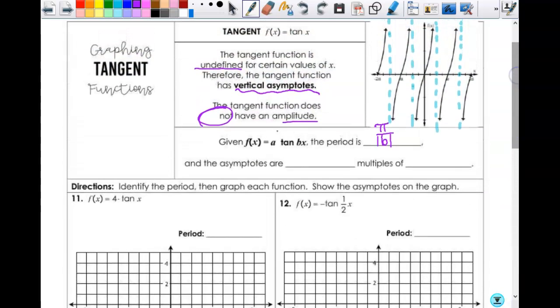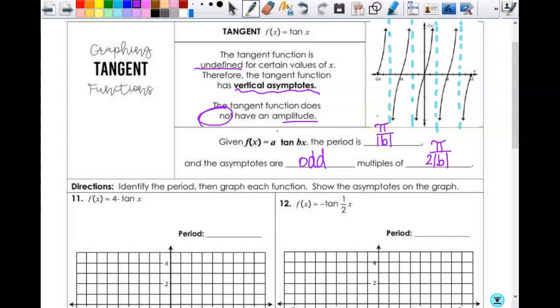It is true that this is what they are, but that's not how we're ever really going to have to look at them or figure them out, so I just want to make sure you get that. The asymptotes are the odd multiples of pi divided by 2 times the absolute value of b. So that just defines where they are. They don't happen every pi halves, it's every other one. Okay, but this period is really what we're looking at here.